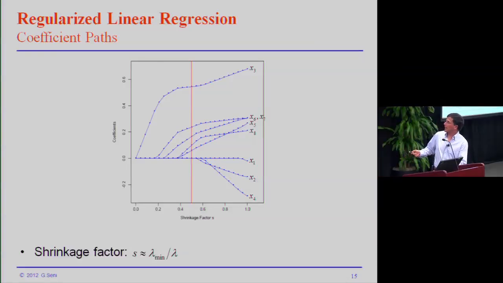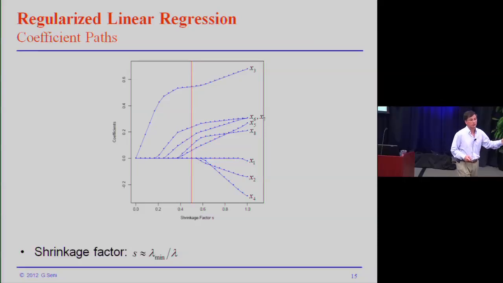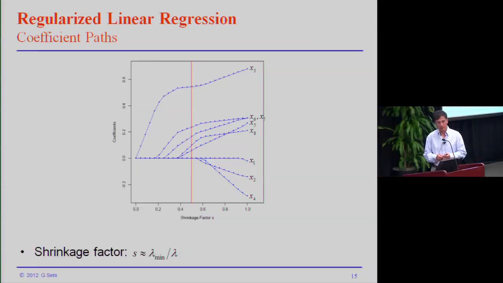And the optimal value of lambda lies somewhere along that path. Notice also that these coefficient paths are piecewise linear. This is not always the case, but it's the case for certain combinations of the penalty and the loss function. And this is a property that is exploited by some of the algorithms, like the Lars algorithm.